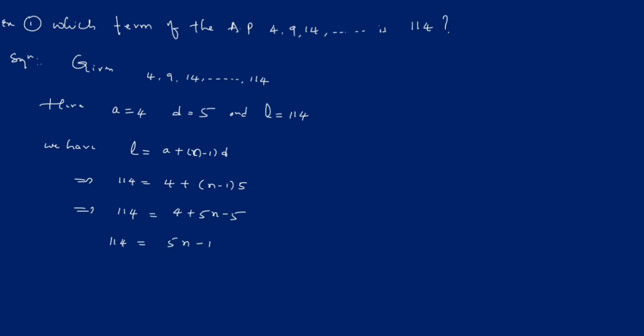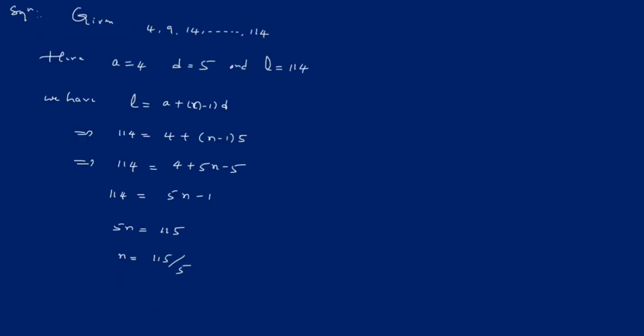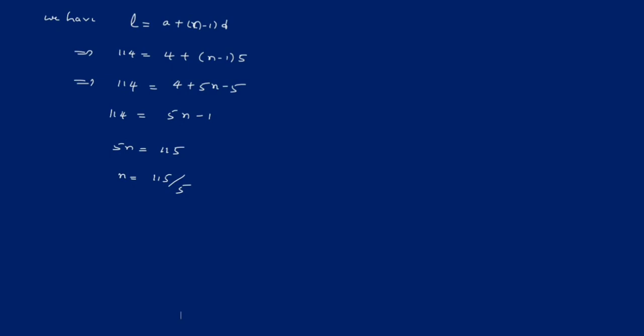So finally what we get, take 1 to the LHS, and it becomes 5n equals to 115, n equals to 115 upon 5. Therefore finally value of n is n equals to 23.